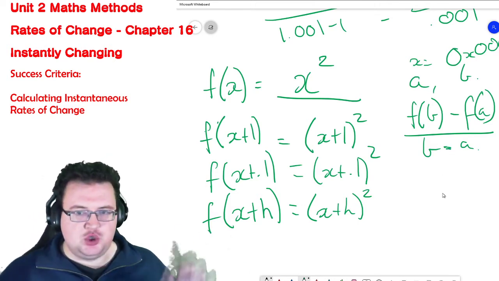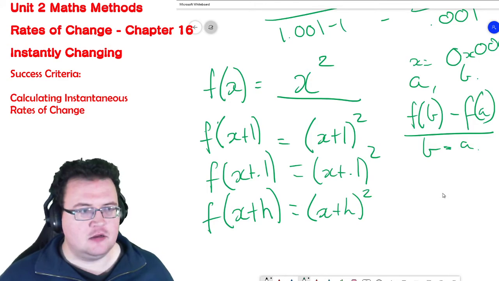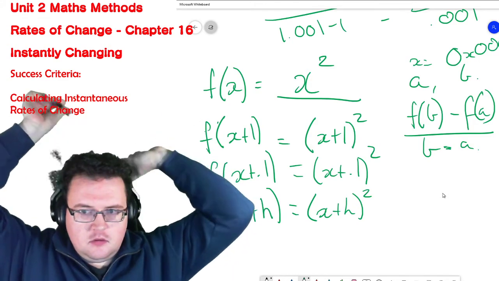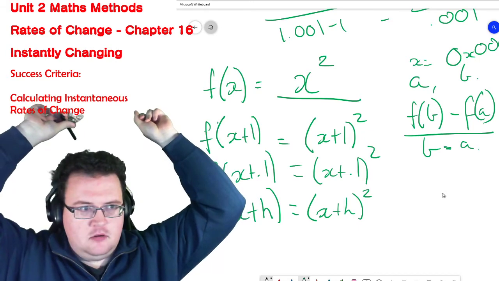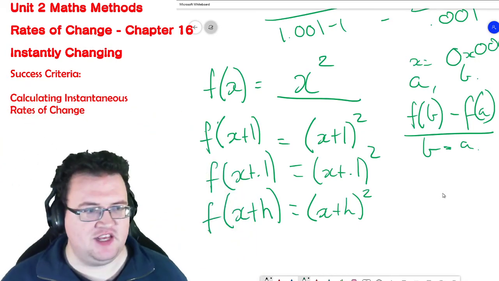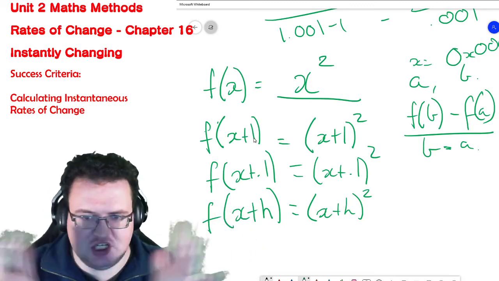Now I can do something similar with what's behind me, with these infinitely changing gaps.